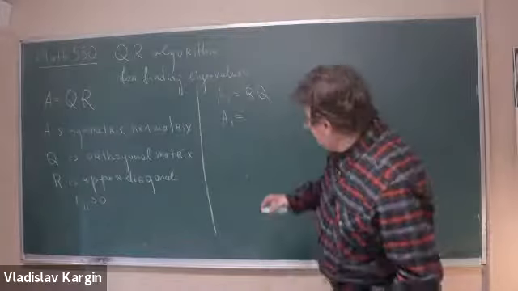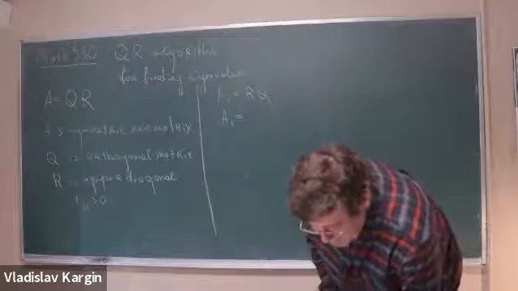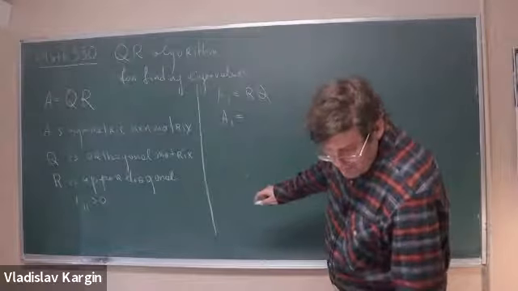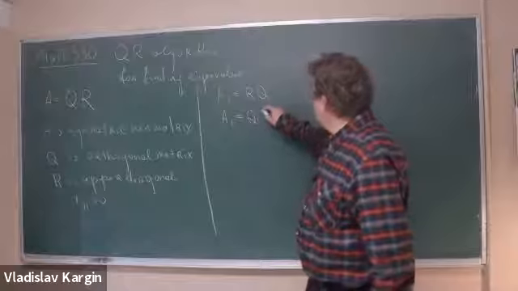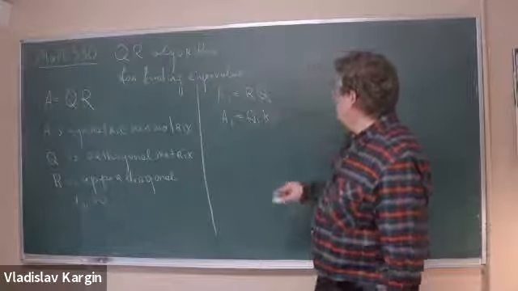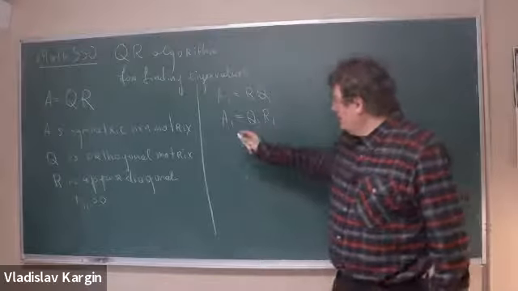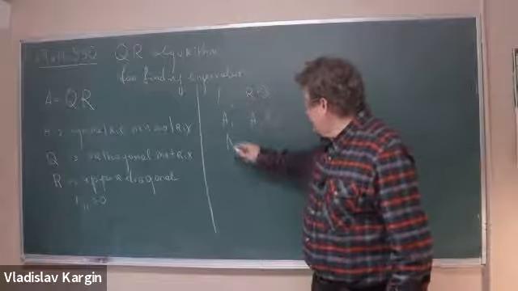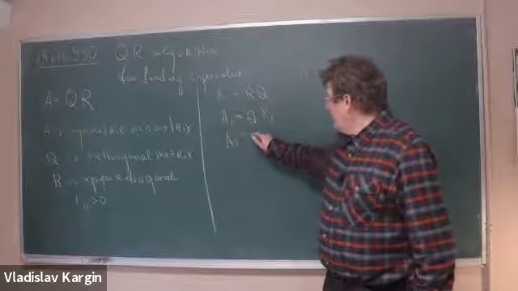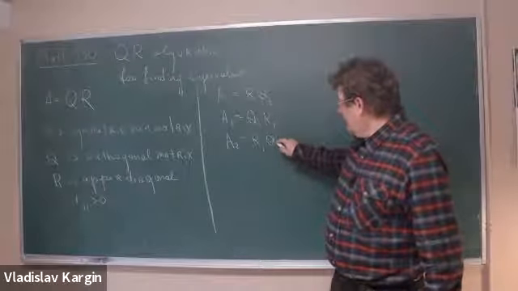So I choose here A1 is equal to, more or less naturally, Q1 R1, and so it's a QR decomposition for A1. So in this case we define A2 equal to R1 Q1 and so on, right?